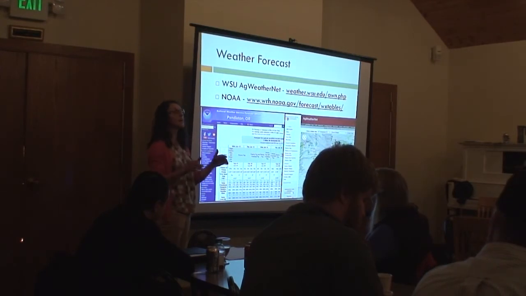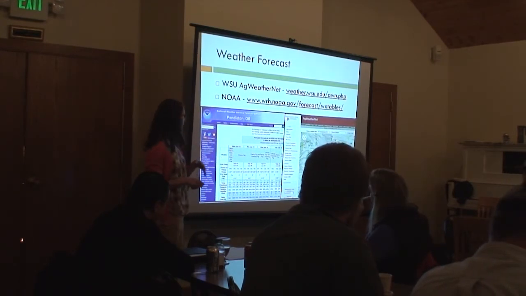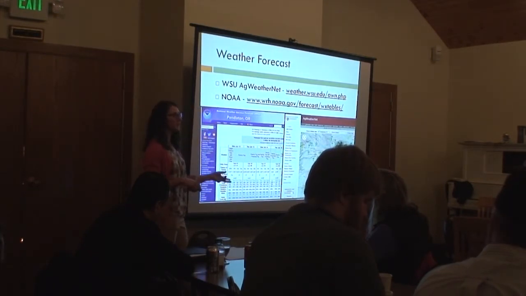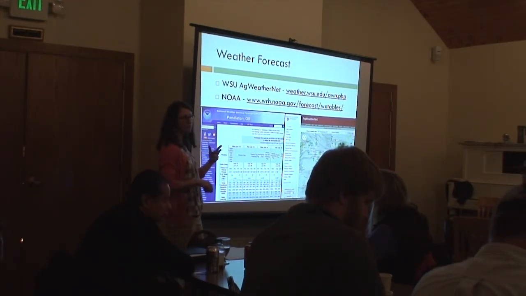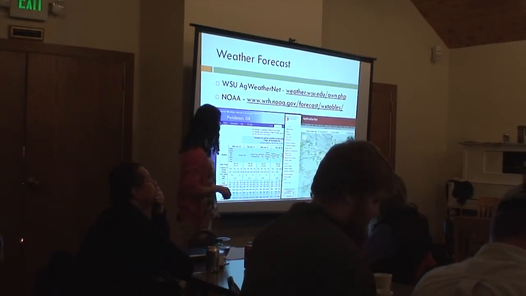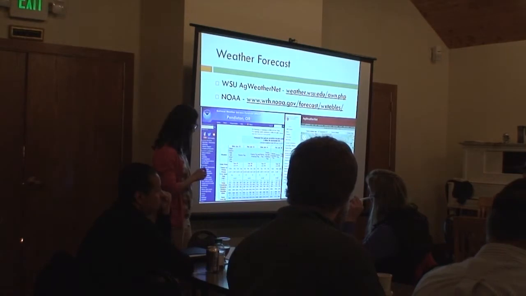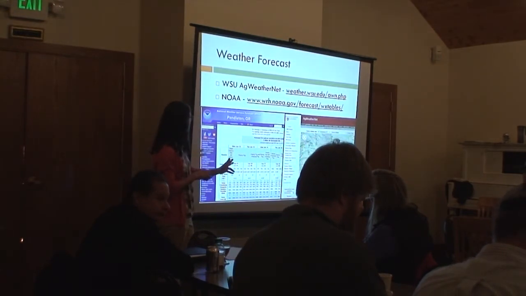This is really, really nice for your daily activities, maybe for planning when you should apply or not, or for crop issues, when you're going to have frost, etc. It's pretty awesome. For the Sunnyside area, this is what pulled up for recent. So those are both really nice.